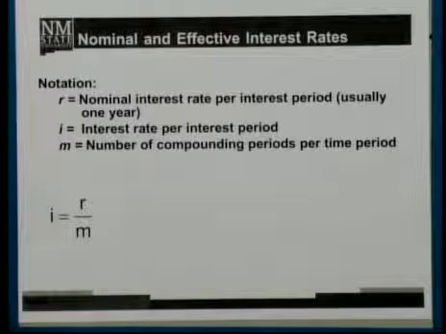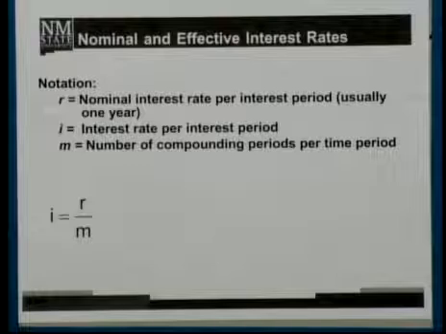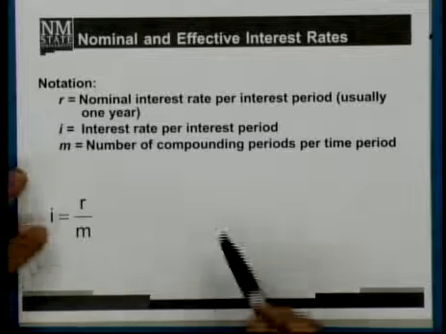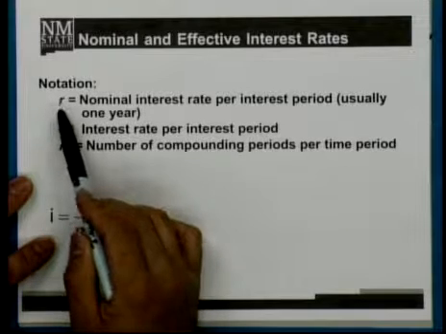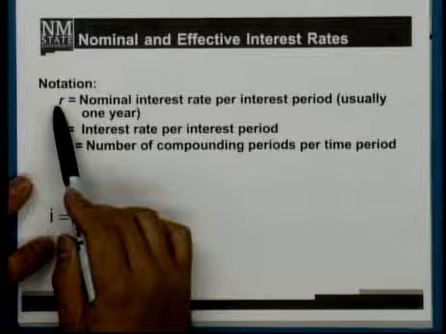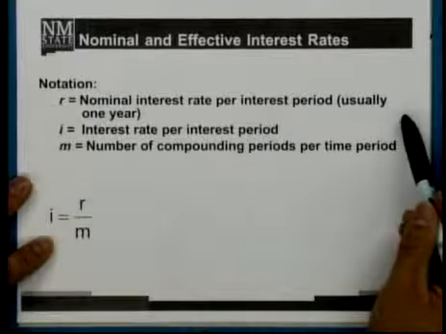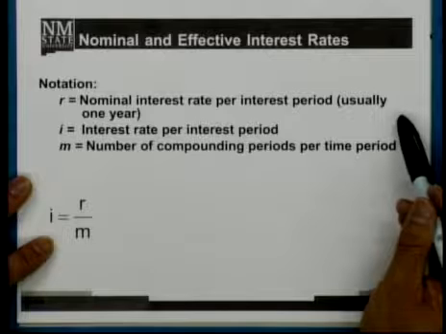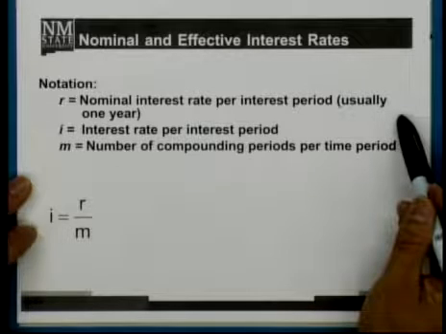To generalize this for different lengths of periods, we will use this notation. Here, the small r is the nominal interest rate per year that is not adjusted for compounding.